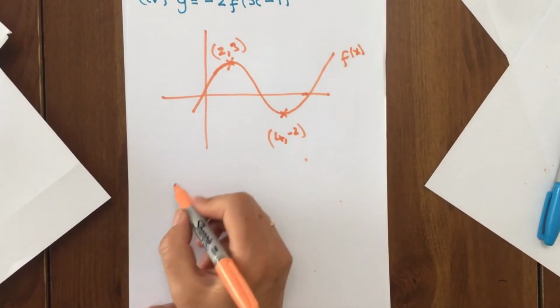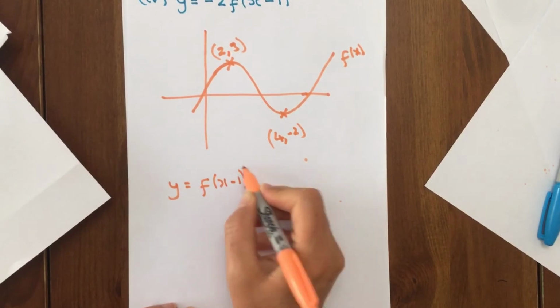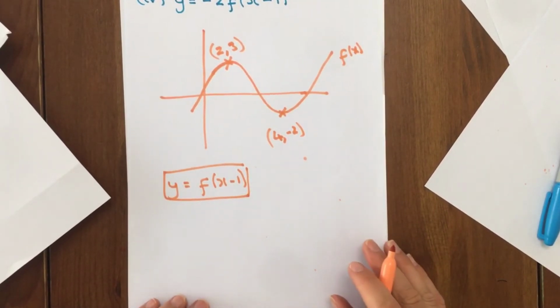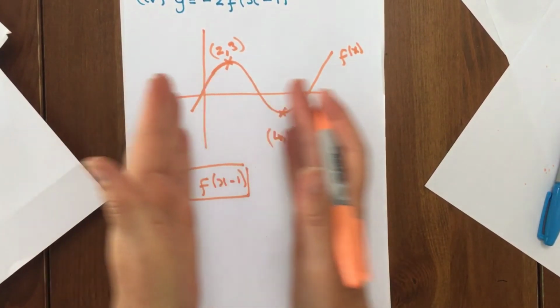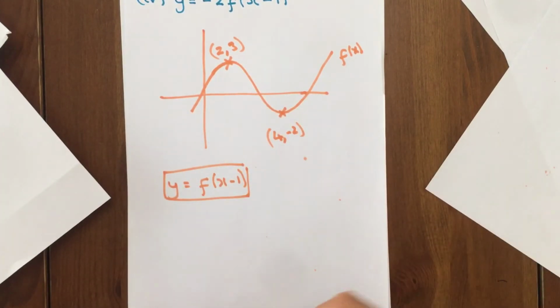Okay, so I'm first of all going to look at what happens when I do this transformation. So f of (x minus 1) in brackets means the whole graph shifts 1 place to the right.